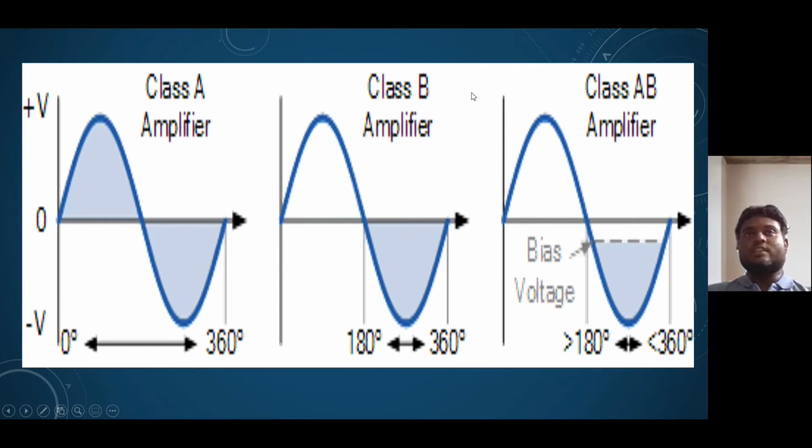The class B amplifier is the half sine wave, which means 180 degrees. And the class AB amplifier is in between 180 degrees to 360 degrees.